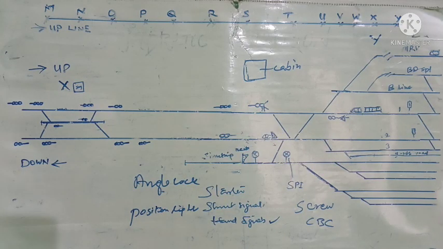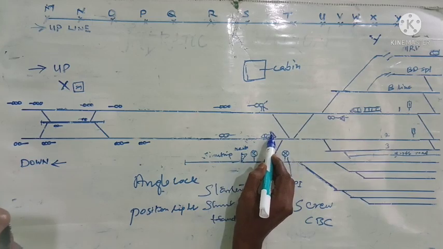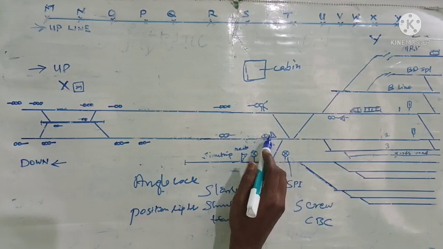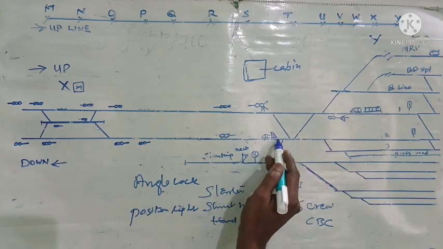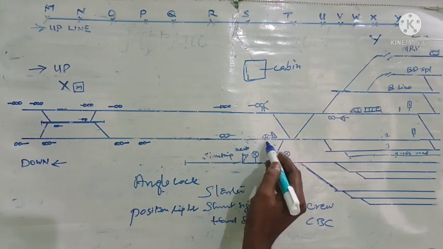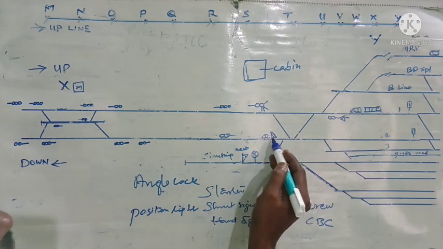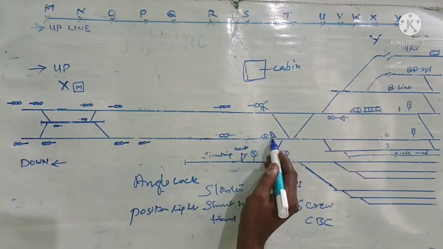Now the shunter can see that this shunt signal is in the on position. It is not taken off. It can be taken off only when the entire train, meaning the engine and the two coaches, has passed this shunt signal.